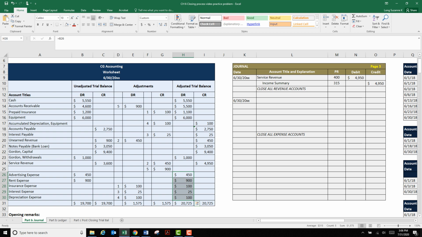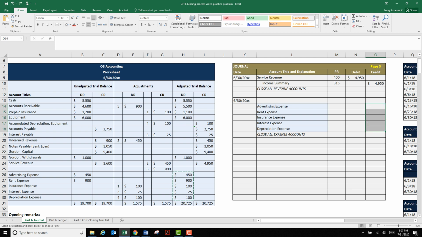Now, it just occurred to me that I don't want to type all this. So what happens if I just copy and paste this over here? And what happens if I copy and paste this over here? This might not work because I might have formulas in there. Yeah, let's see what happens. Those are debits, so I want to credit. Yeah, it didn't work.